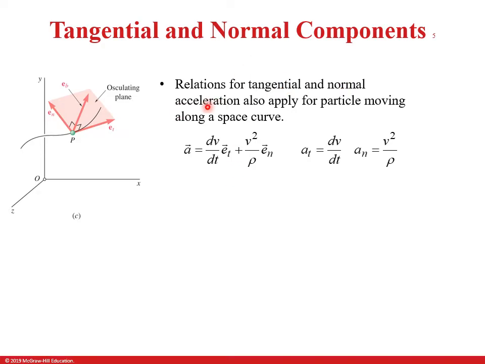Relations for tangential and normal acceleration also apply for a particle moving along a space curve. So let's say we're not in two dimensions anymore. We're going to expand to the x, y, z coordinates.